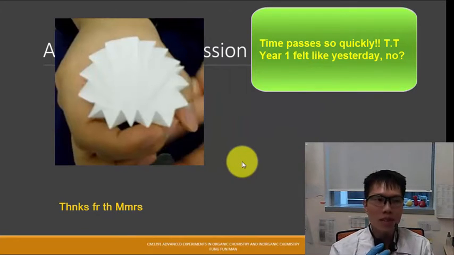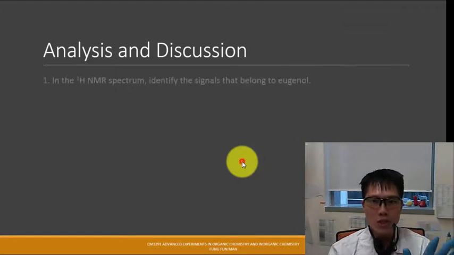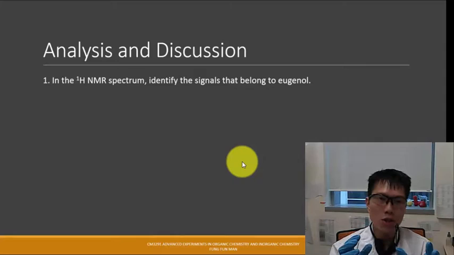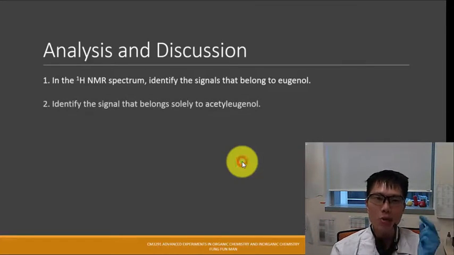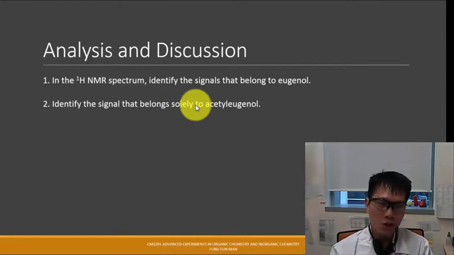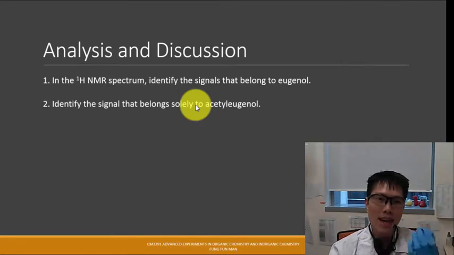For this experiment, the analysis and discussion are not too convoluted. Just in the NMR spectra, identify the signals that belong to eugenol, the main extract from this essential oil, and also identify the signal that belongs solely to acetyl eugenol. Acetyl eugenol, we talked about it just now, is eugenol acetate. It's an ester.